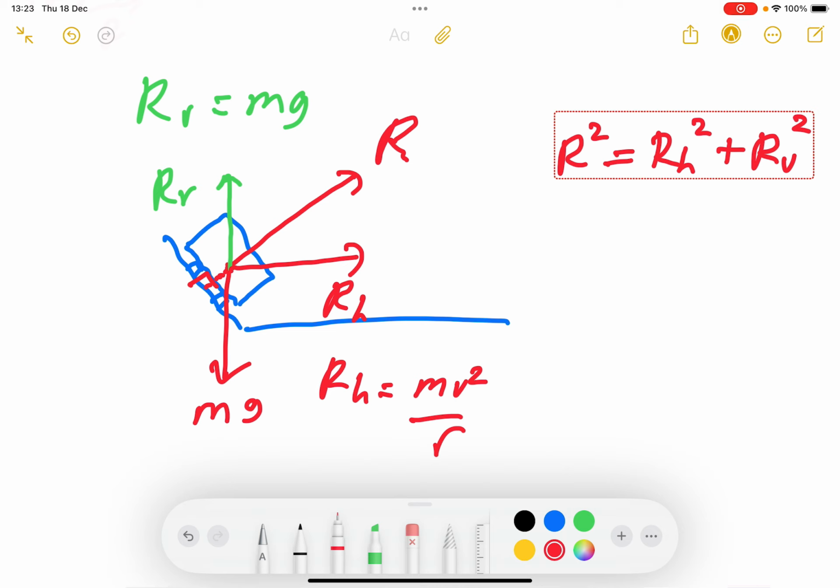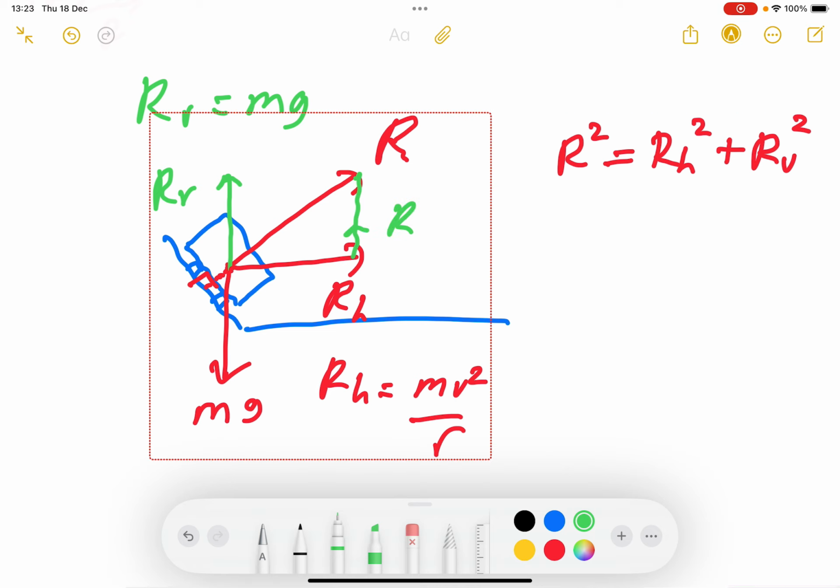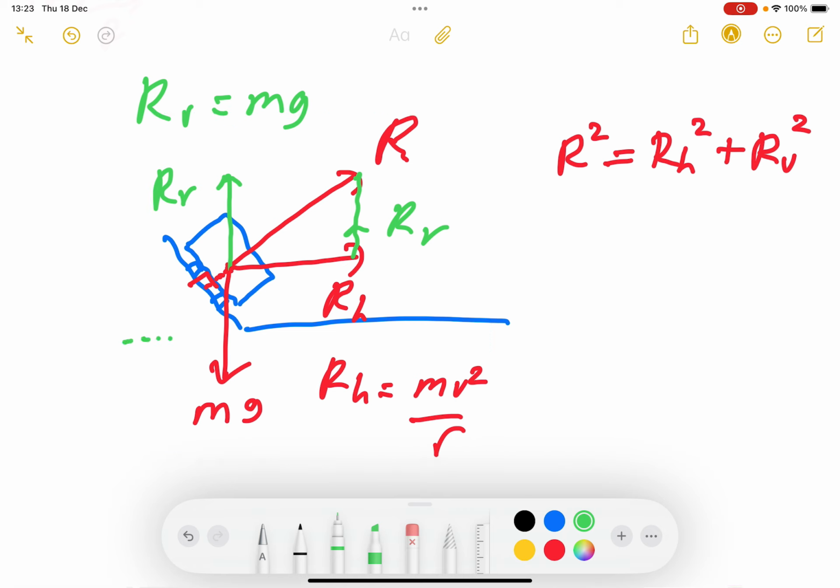So if we put RV in, you can see we've got a right-angled triangle. The problem is, I always find this the hardest bit, we really want to get that angle up into that triangle.